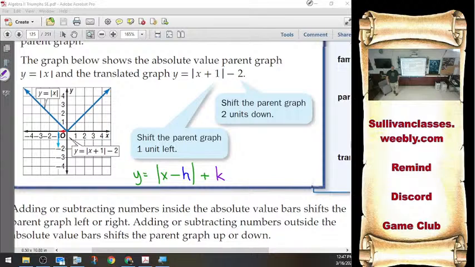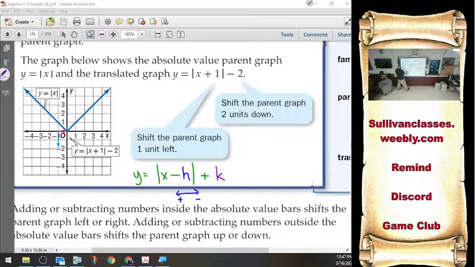And they're going to do the exact same thing that they did last time. On Monday, what did H do with our quadratics? Left and right, backwards land. So I want you to put that next to this. If it's positive, you go left. If it's negative, you go right. Just like with our parabolas.